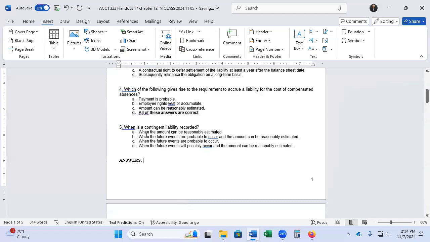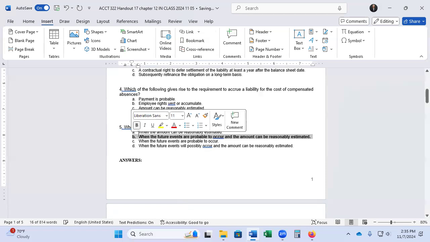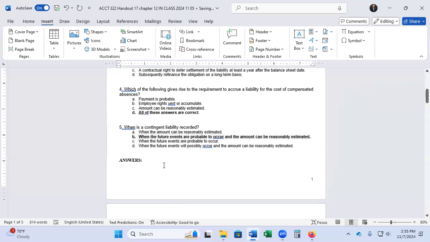And then our question is when a contingent liability is recorded. And so you have to be able to estimate it, but you also have to know that it's probable to occur. And so that is B. So our answers here are A, D, B, D, and B.